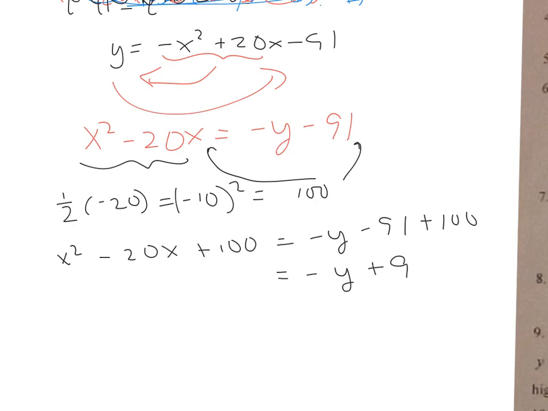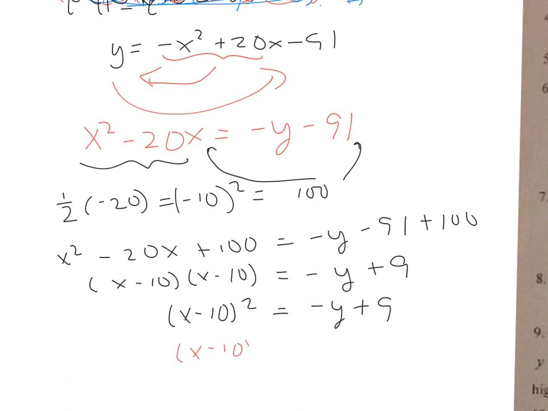And over here I'm going to factor this. I get x minus 10, x minus 10, which is x minus 10 squared equals negative y plus 9. Now notice that this is not in the right form because I have that negative in front of the y, so I have to factor that out. So x minus 10 squared, the GCF is negative 1, times y minus 9.